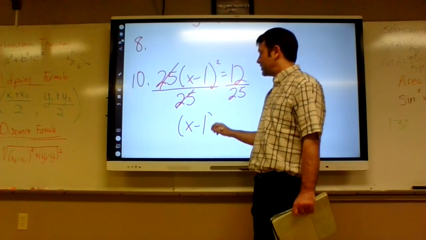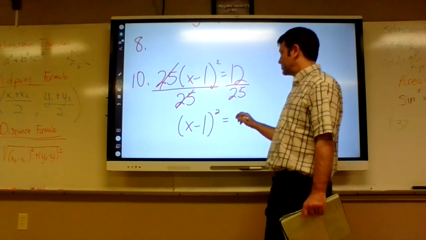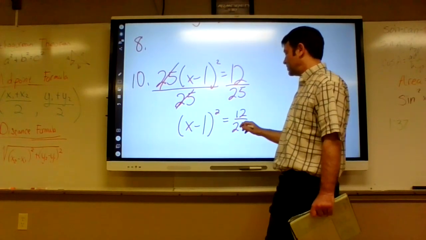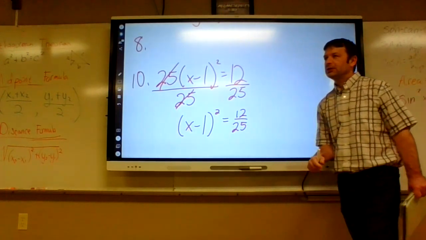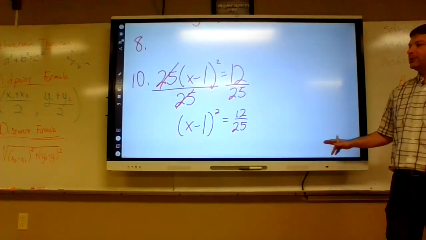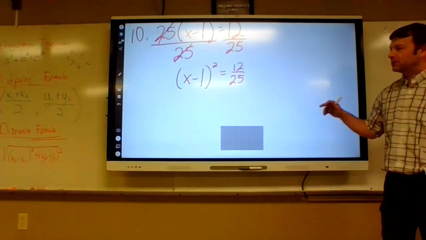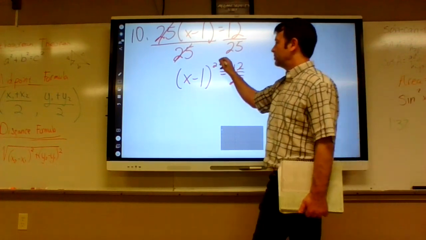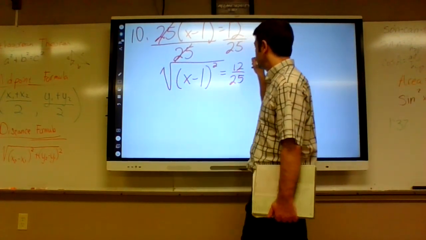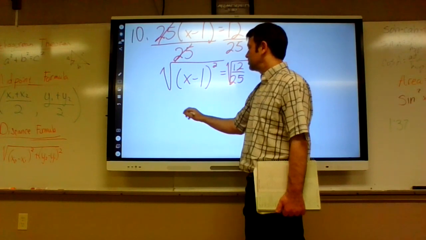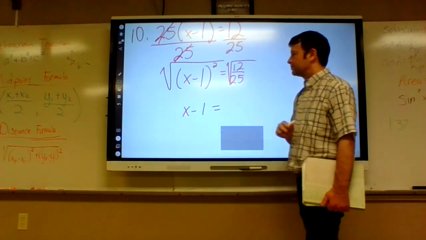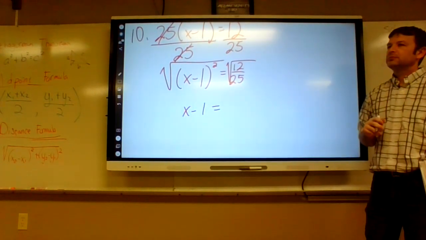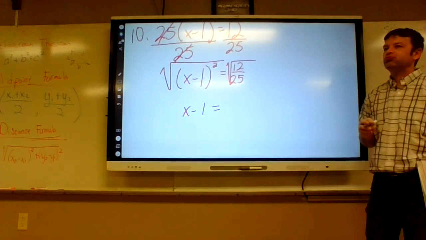Just like last chapter, we got the square root by itself to get rid of it. How do I get rid of the square now? Square root. So that'd be just x minus 1, equals the square root of 25, which would be something over 5.